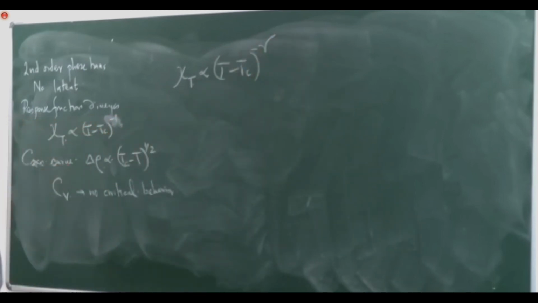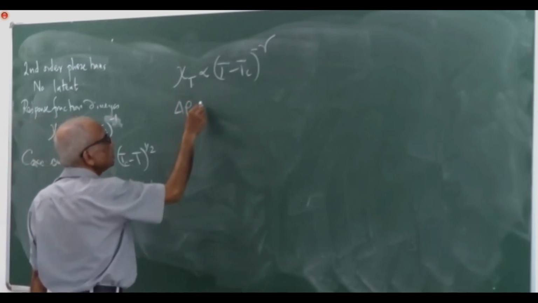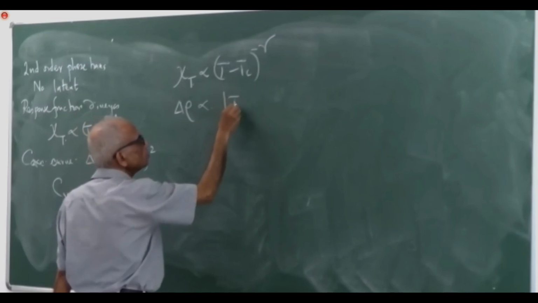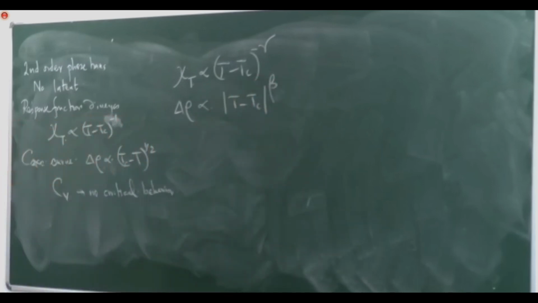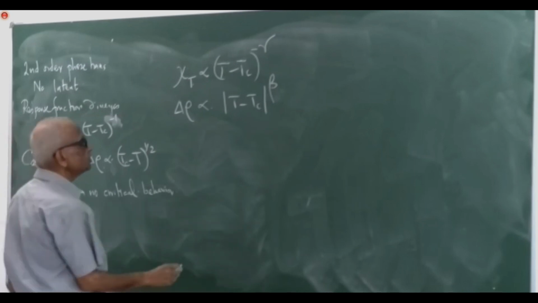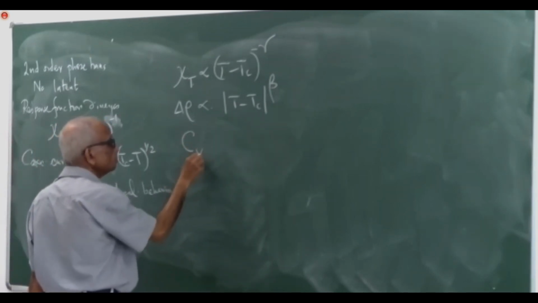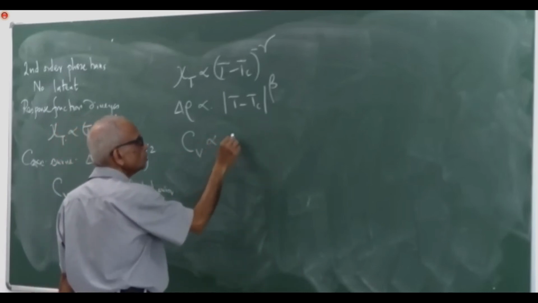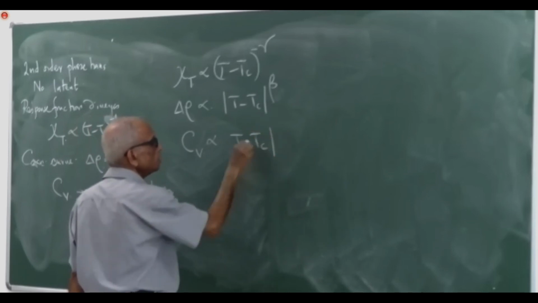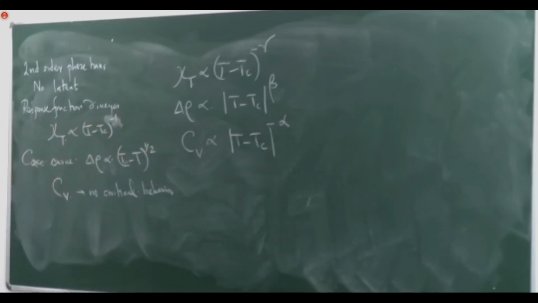The coexistence curve, delta rho, is proportional to T minus Tc to the power beta. The specific heat at constant volume is proportional to T minus Tc to the power minus alpha.